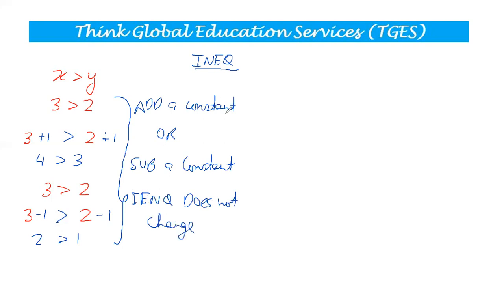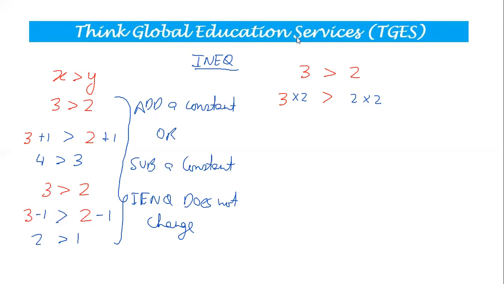Okay. Similarly, if I try to multiply the inequality with a positive constant, so if I multiply with 2 on both the sides, do you realize the inequality still remains the same? That is, it does not change. And similarly goes for division.